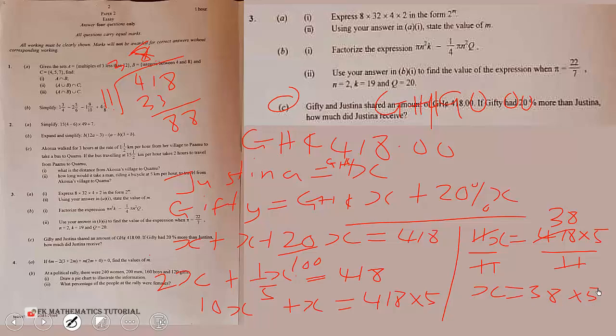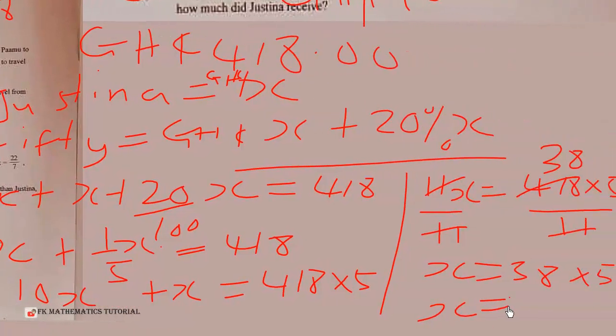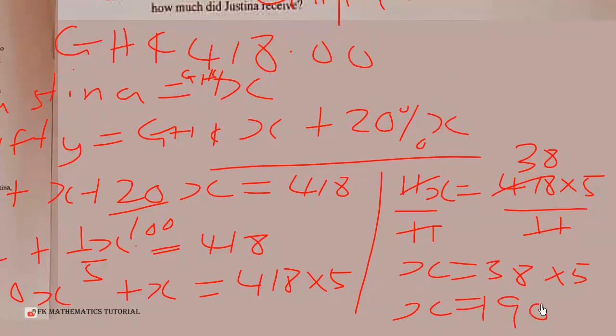Now 38 times 5. So 5 8s are 40, 0 carry 4. 5 3s are 15 plus 4, 190. So X is equal to 190. Therefore, Justina had 190 Ghana cedis.